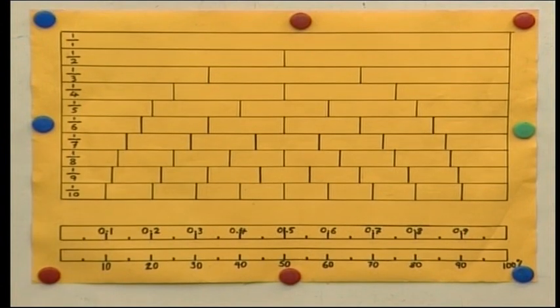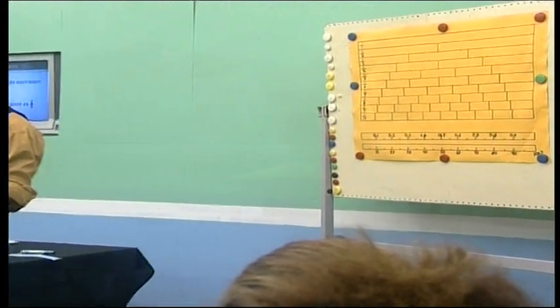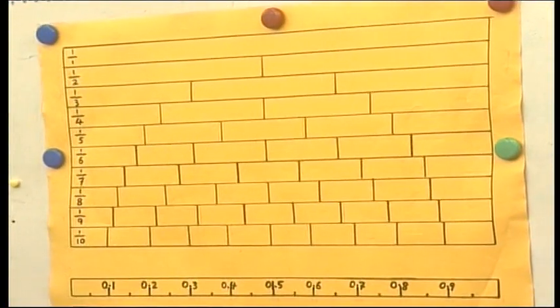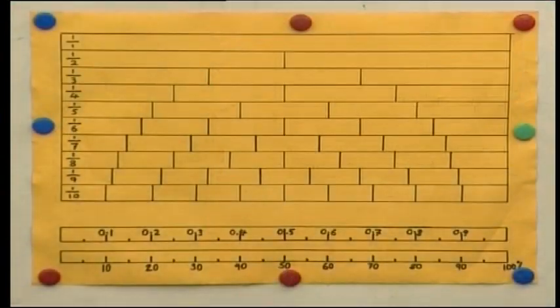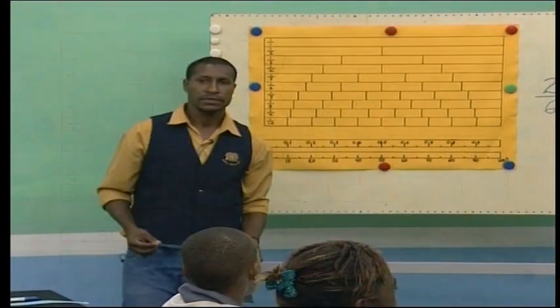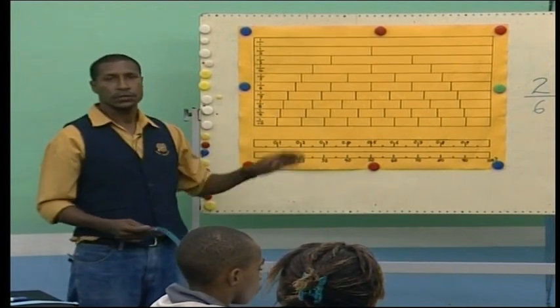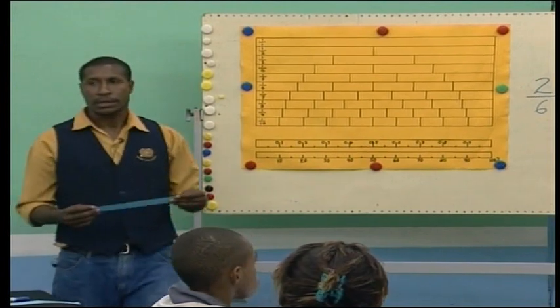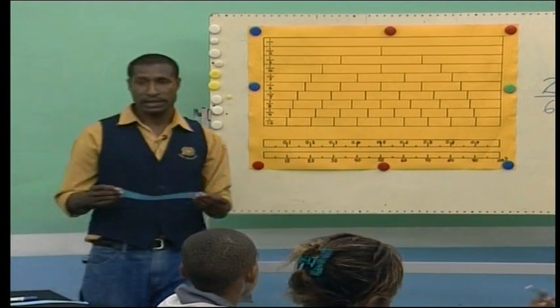Now, from this fraction wall, receiving students and 7E, can someone identify 1/3 on this fraction wall? Receiving students, if you do not have the fraction wall, you can observe what the model class is doing.